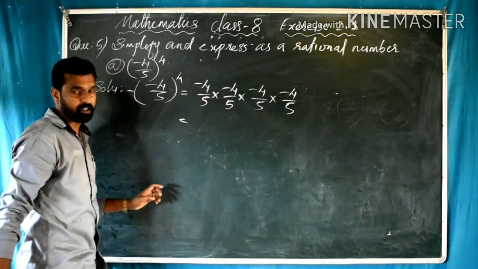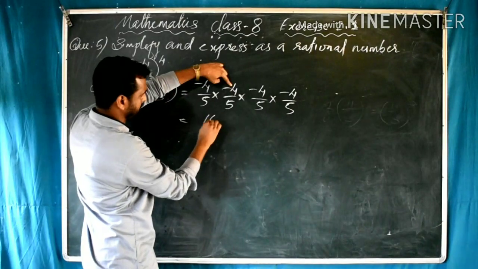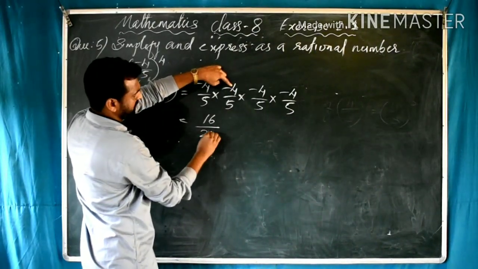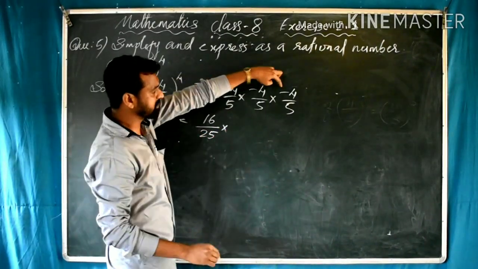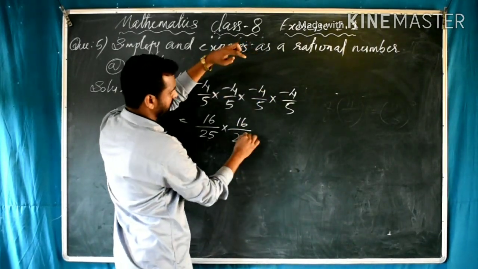Now we have to multiply. Minus into minus becomes plus, 4 4s are 16 divided by 5 5s are 25, into minus into minus becomes plus, 4 4s are 16 divided by 5 5s are 25.